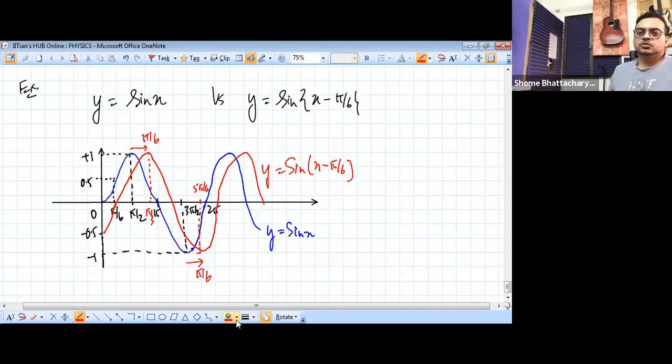So now the thing is that these were examples of mathematical functions.